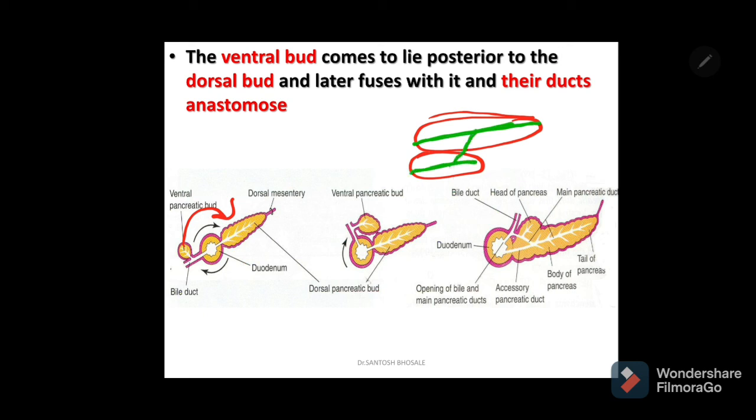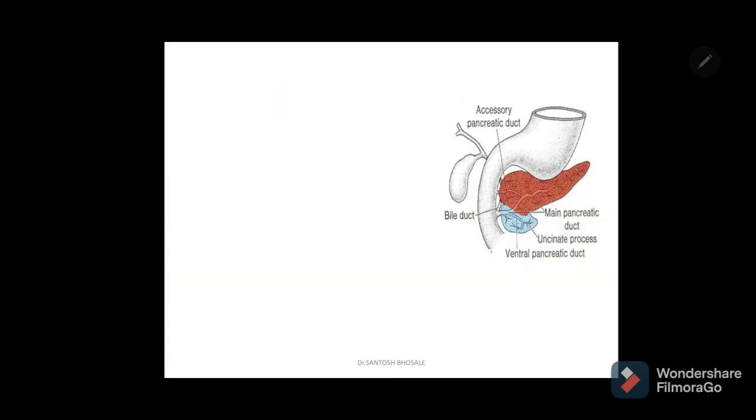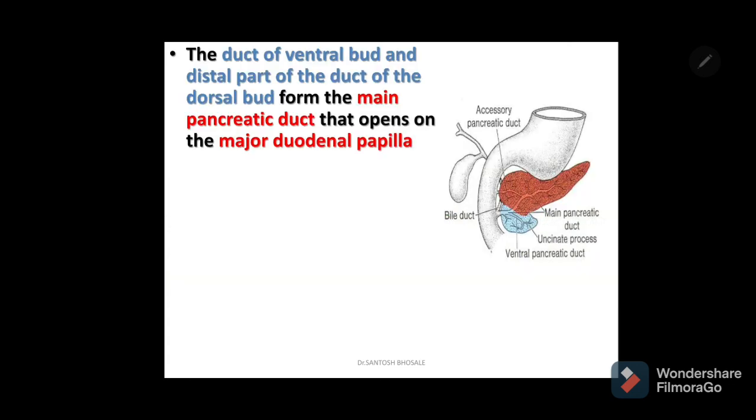They have an oblique communication between them, forming the definitive main pancreatic duct. So the main pancreatic duct is formed by the duct of the ventral bud, the duct of the dorsal bud, and an oblique communication between them. Whereas the proximal portion of the duct of the dorsal pancreatic bud forms the accessory pancreatic duct or duct of Santorini.